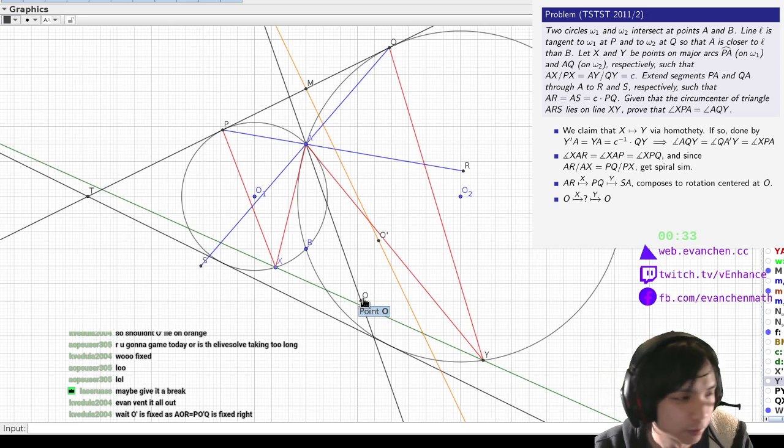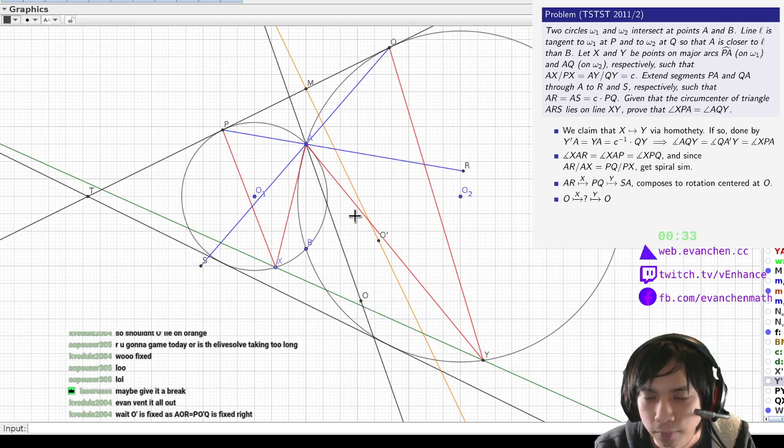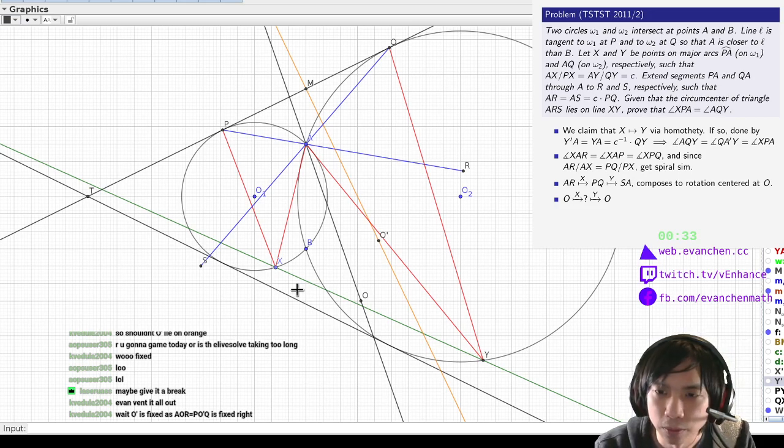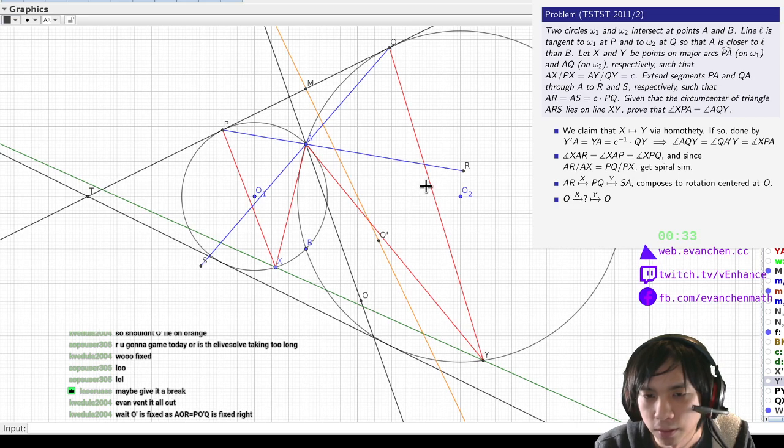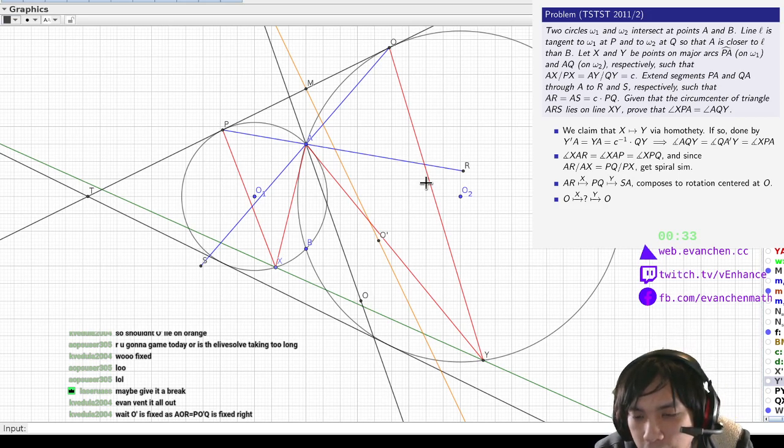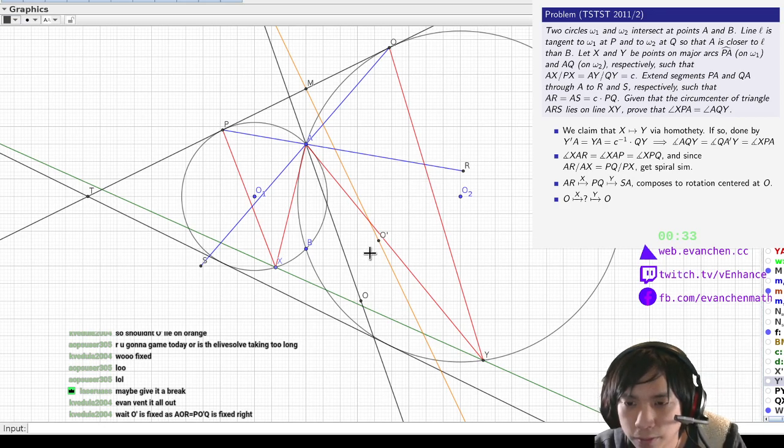O prime is fixed since AOR equals POQ. O prime Q. Angle AOR. Yeah, you're correct. It is fixed. So triangle AOR has a fixed shape. So there's a fixed O prime here.